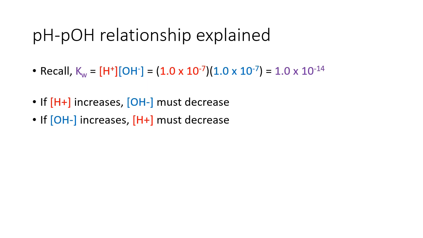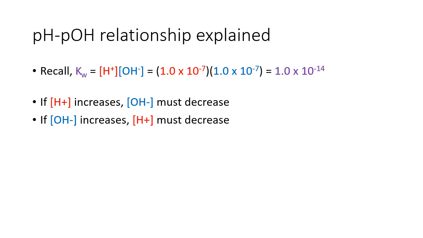What this means is that if the H plus increases, the OH minus must decrease in order for the constant to remain at 1.0 times 10 to the minus 14. Conversely, if OH minus increases, H plus must decrease.